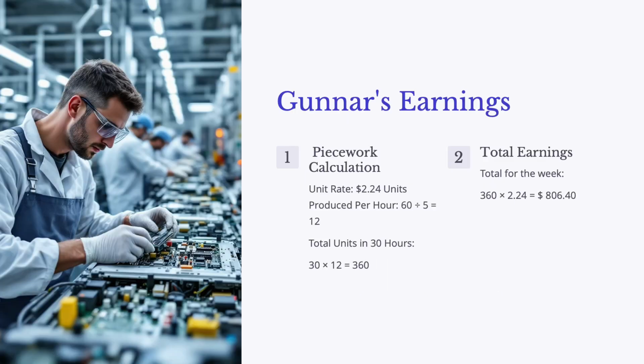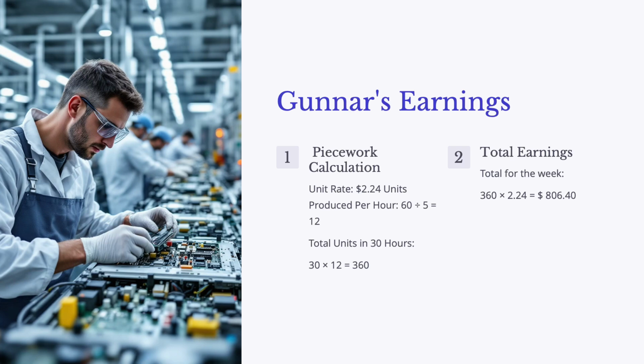Now, let's look at Gunnar's earnings. Gunnar is paid by piecework. He earns $2.25 per unit and produced 1 unit every 5 minutes during his 30-hour work week. So, we calculate his units per hour, which comes to 12 units, and then multiply by 30 to get a total of 360 units.